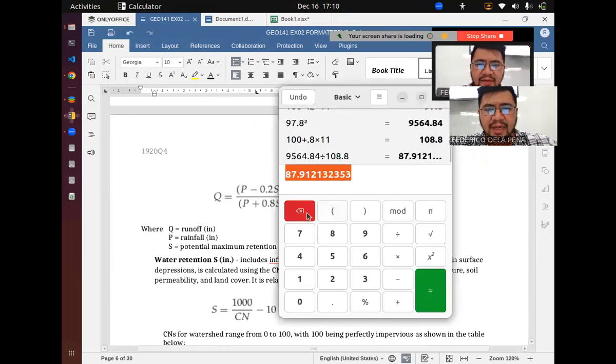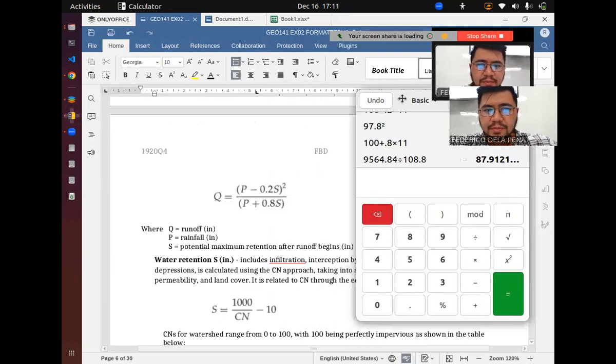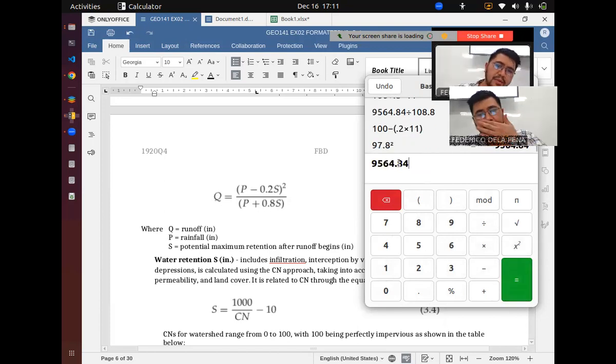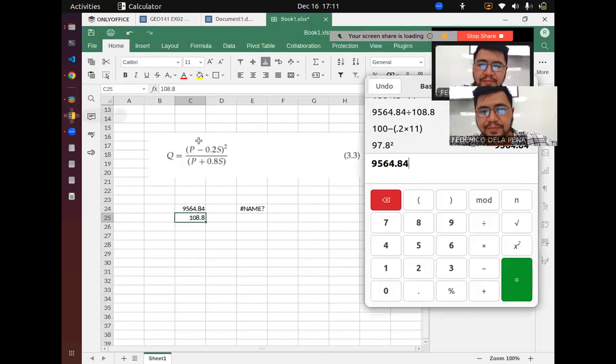Let me double check that value. Again, 100 minus the quantity of 0.2 times 11, and square that value. You have 9,564, so that's correct.